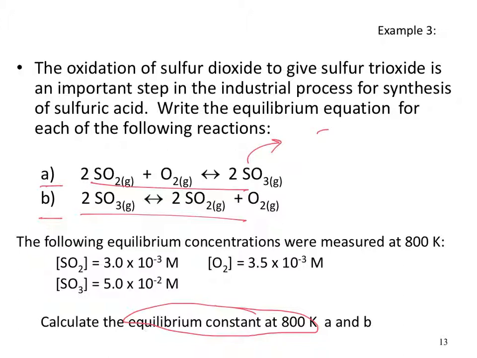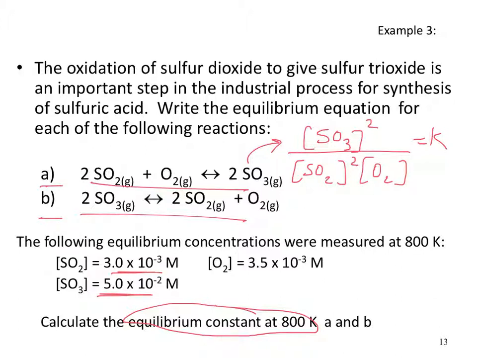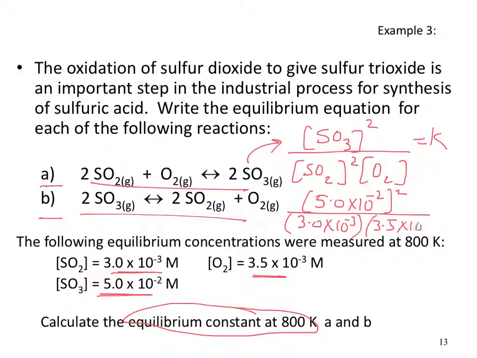For A, you can safely say SO3 square of that divided by SO2 square of that and oxygen. That's the way you would write your equilibrium constant. And now I'm going to plug in the numbers for this case. So that's going to come out to be 5.0 times 10 to the power of -2 square of that, and then 3.0 times 10 to the -3, and 3.5 times 10 to the negative 3.